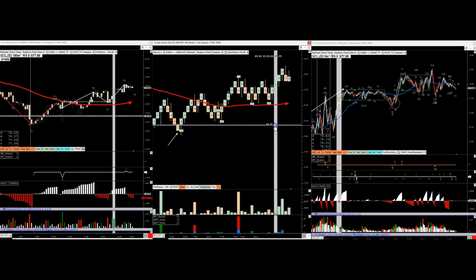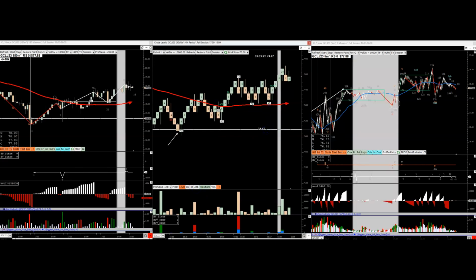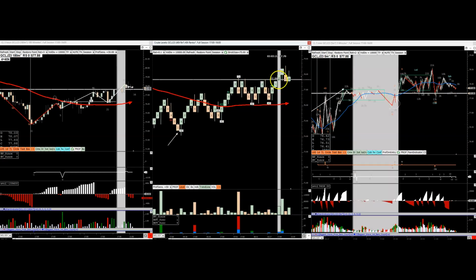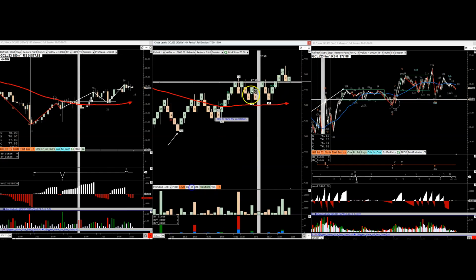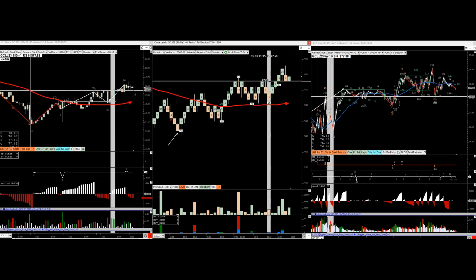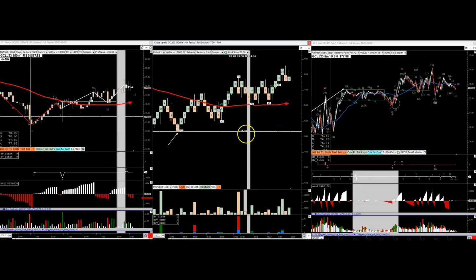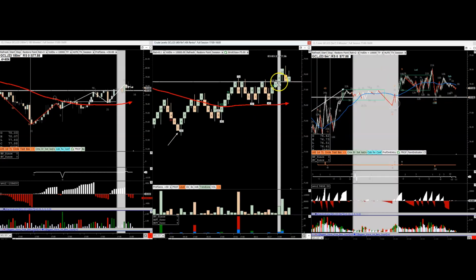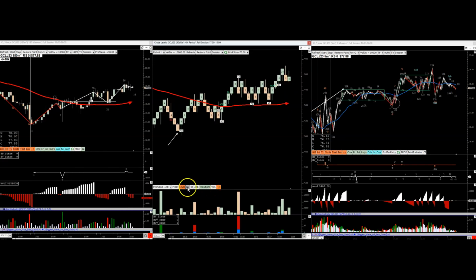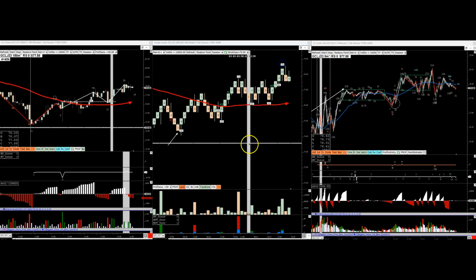And to make it really simple, accumulation means buying, distribution means selling. That's it. And you have breakout. There's actually a breakout break here. This would qualify as a breakout break. It's going to hold, let's see. Climax break right here.